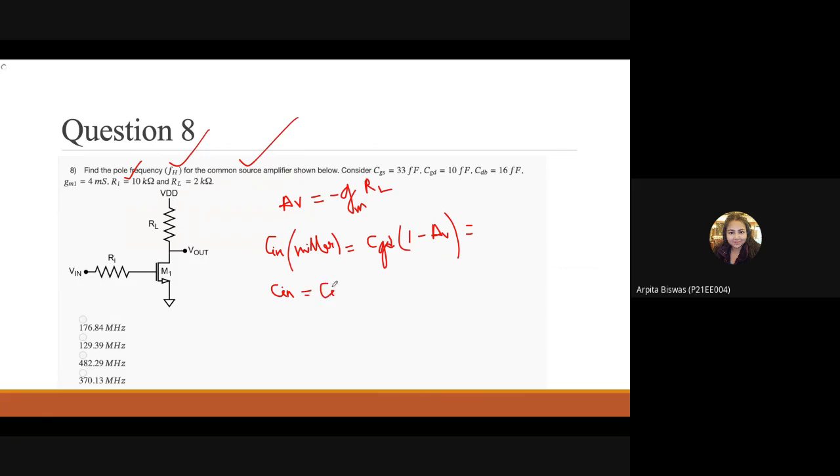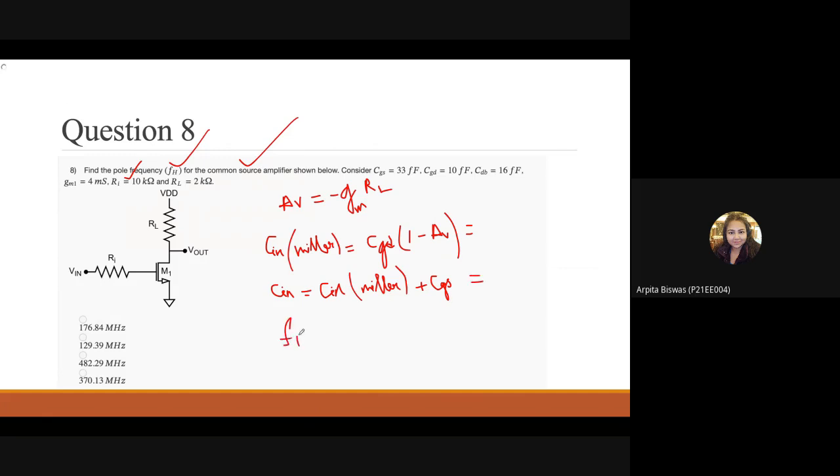C in Miller plus CGS. And then tell me what is the value of the C input. And you have to find out the FH.